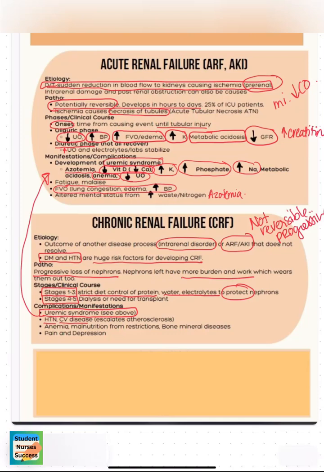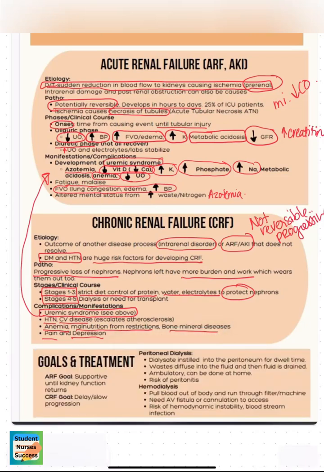Because the kidneys are not working well, they're not making enough erythropoietin, we see anemia, we see malnutrition from the severe dietary restrictions necessary for chronic renal failure, and we may see some bone mineral diseases from a decrease in the vitamin D and calcium levels. It's not uncommon to see generalized pain and depression in individuals who are in chronic renal failure.